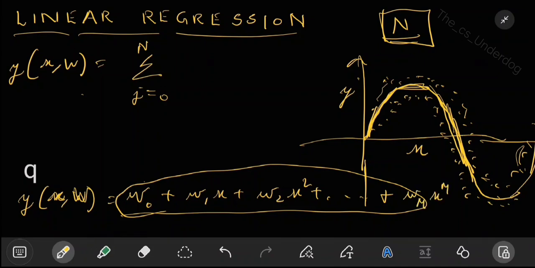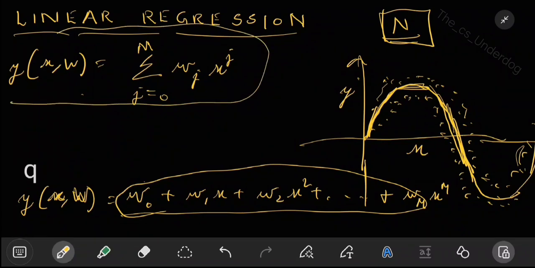In that case, you're summing from 0 to m wj x power j, right? So this is a shorthand notation for this whole equation. That is, this will have all the terms from j equal to 0 to j equal to m. That is, w0 x raised to 0, x raised to 0 is 1, w1 x power 1 plus w2 x square plus w3 x cube plus up to wm x power m. This is what this depicts.